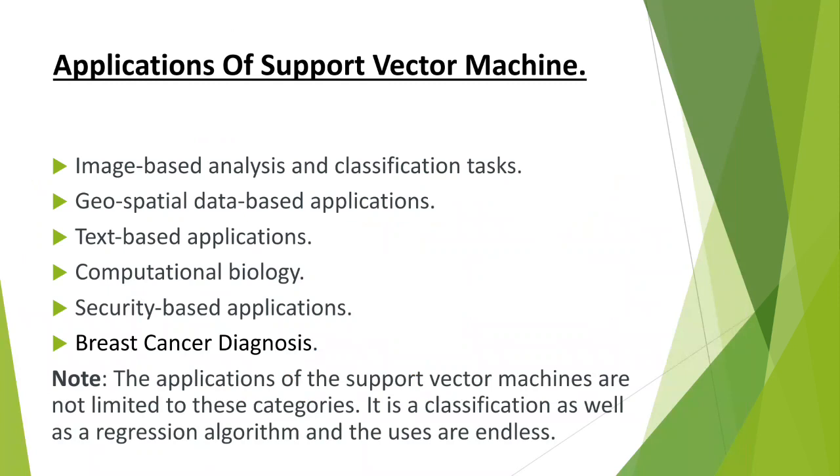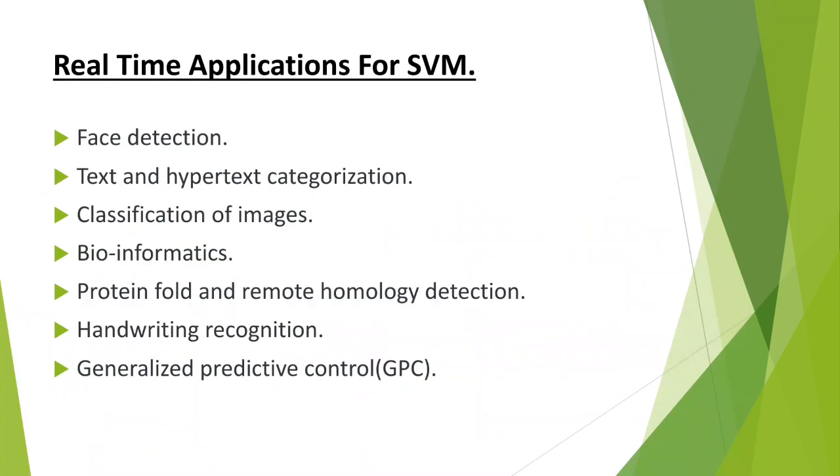It is a classification as well as a regression algorithm, and the uses are endless. Real-time applications of SVM: face detection, text and hypertext categorization, classification of images, bioinformatics, protein fold and remote homology detection, handwriting recognition, generalized predictive control.